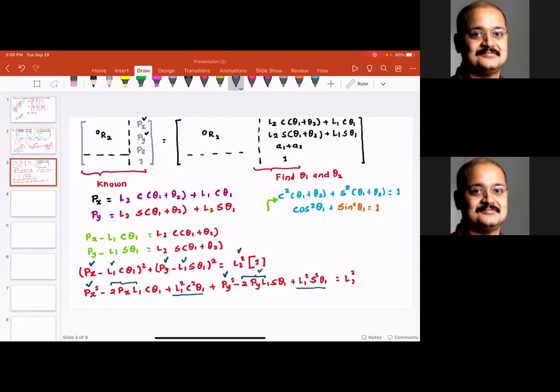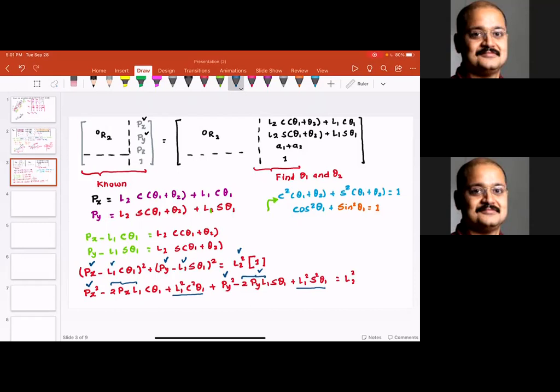I want you to think about this problem for a second. So this problem is going to look something like this. All said and done, let me give you the most general form of the equation.